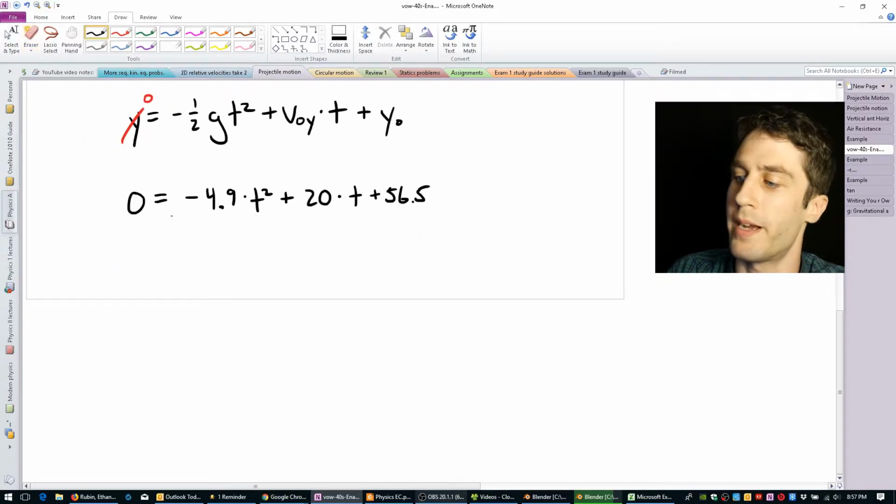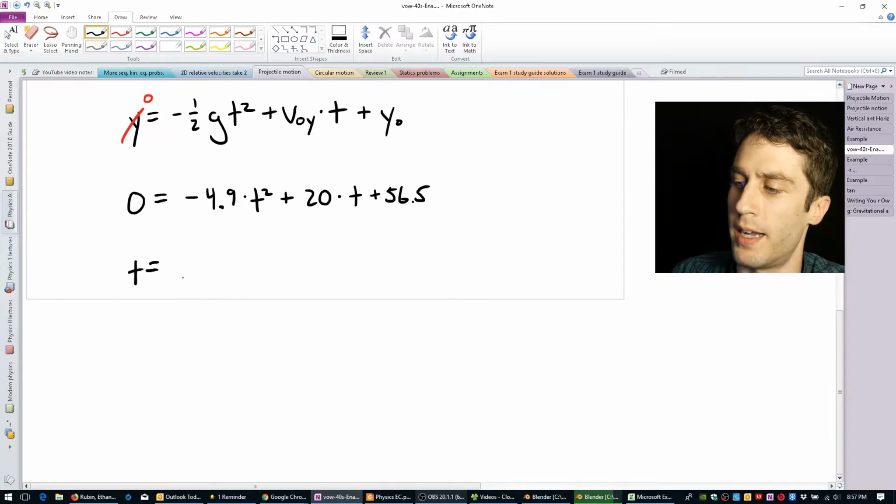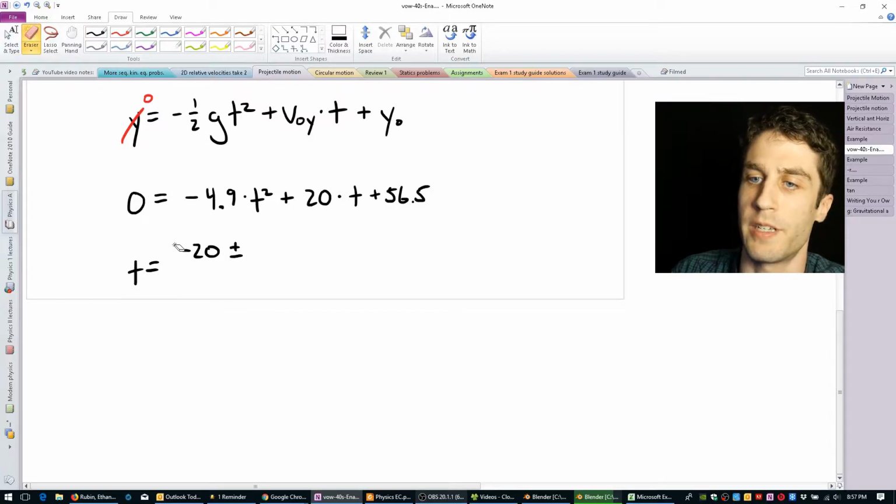Solve this quadratic equation. In the interest of time, I think I'm going to skip that step, but just know your quadratic formula. Be prepared to plug in those numbers. What you'll find is that t equals negative 20 plus or minus, maybe I'll make it positive 20, we'll do positive 20 because both the numerator and the denominator are negative.